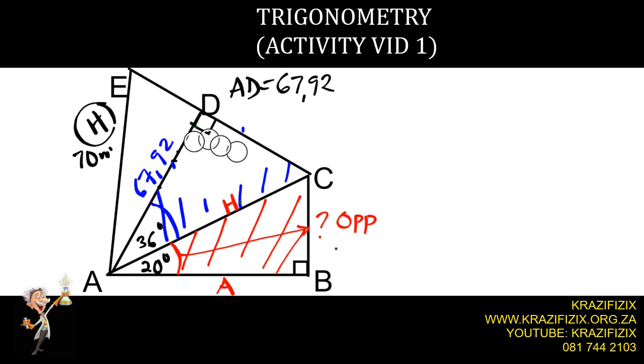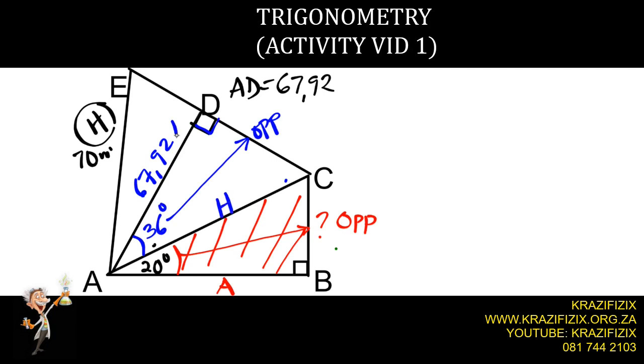Alright, since we are focusing on the blue triangle, the angle there is 36 degrees. Looking at that angle, that is opposite. Angle 90 is hypotenuse. Automatically, this side is adjacent.